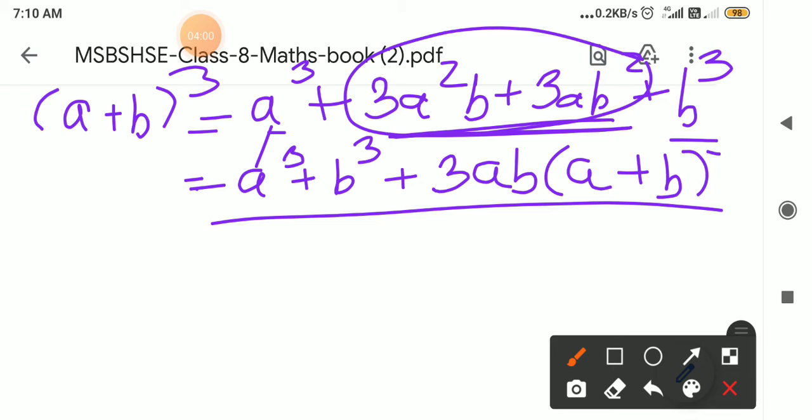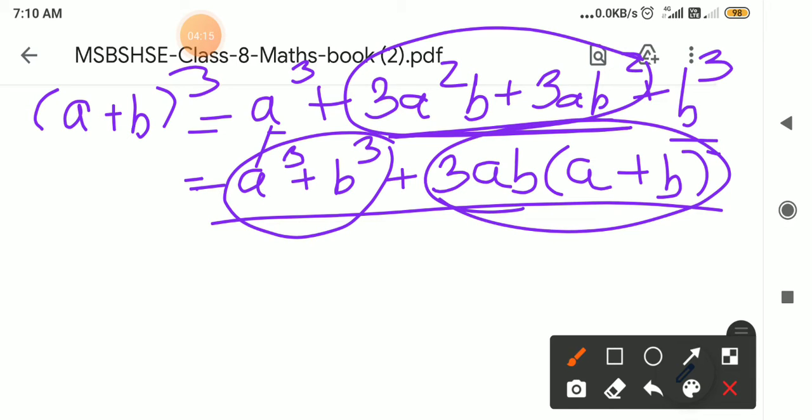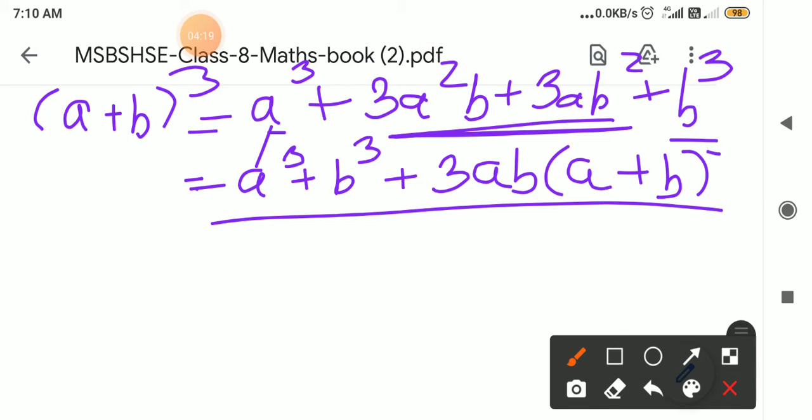Now the next step: we keep this a cube and b cube on one side, because we want the factorization of a cube plus b cube, and this other term we take to the other side of the equation. I will write a cube plus b cube.